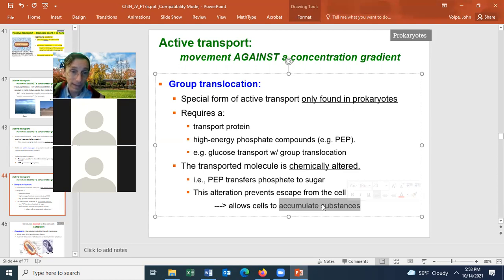Does everybody understand that? All right. So it does allow the cell to accumulate substances a little more easily.